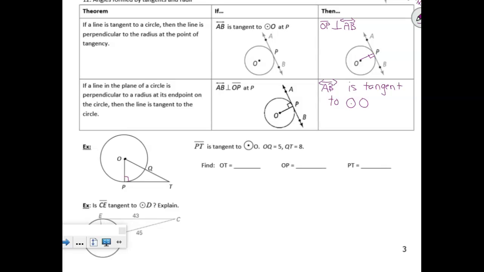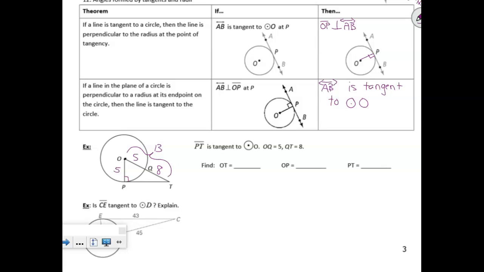So line segment PT is tangent to circle O. OQ is 5, which also means that OP is 5 as well. And QT, from this point to this point, is 8, which makes this entire segment here, OT, 13 units.